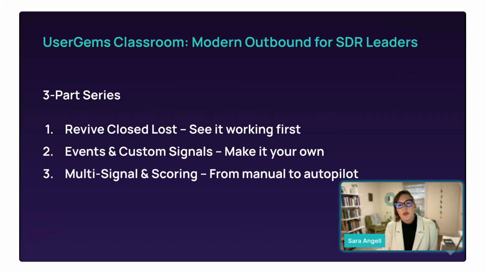Just big picture before we zoom in today. Like I said, it's class one of 3 parts. This one is about reviving close lost. I wanted to start here because I know we're all in this Q4 place. And close lost is honestly one of our top performing playbooks that we run here.